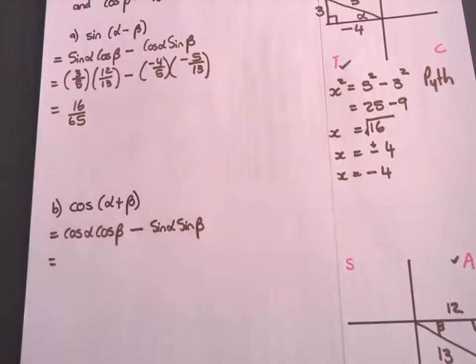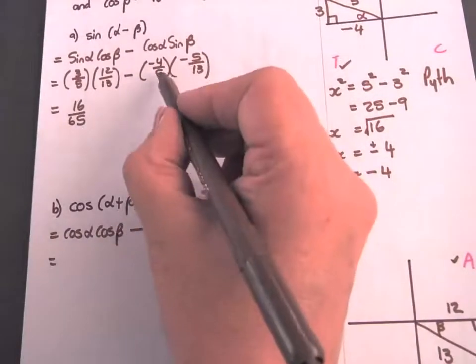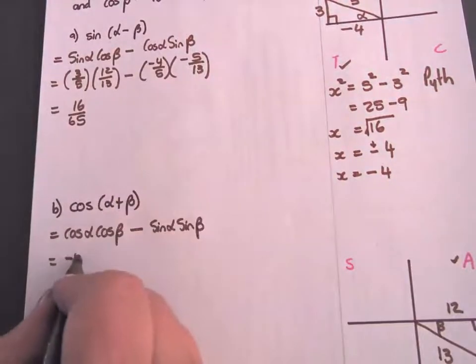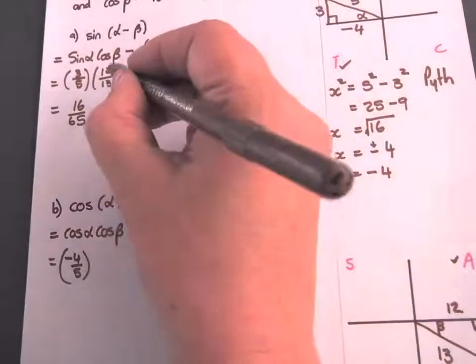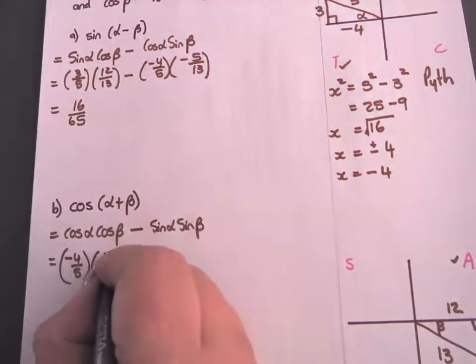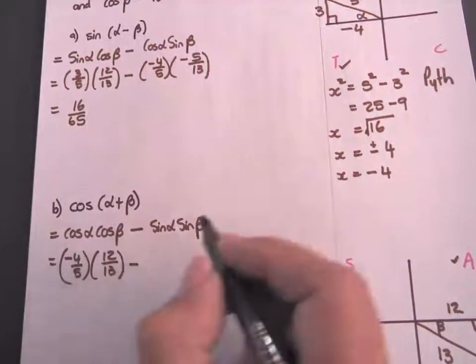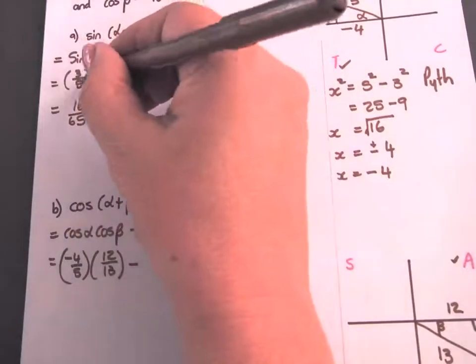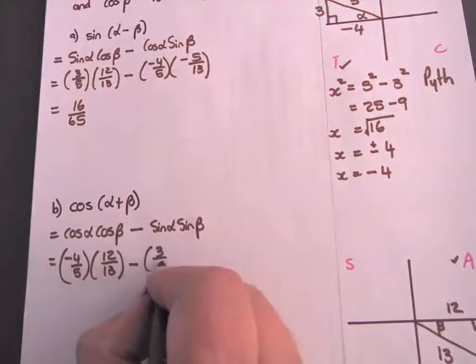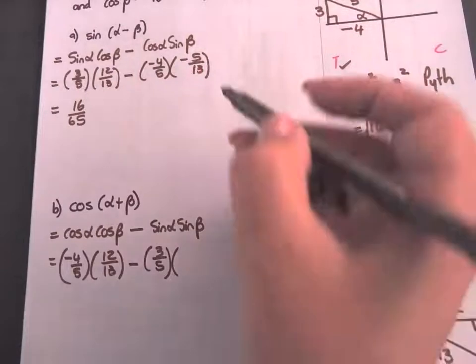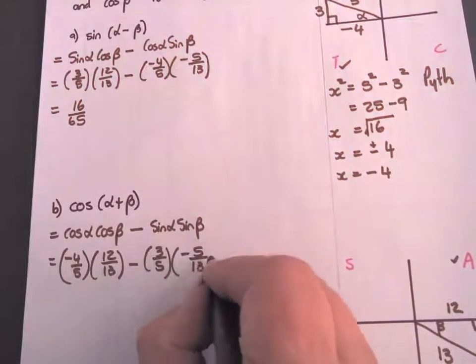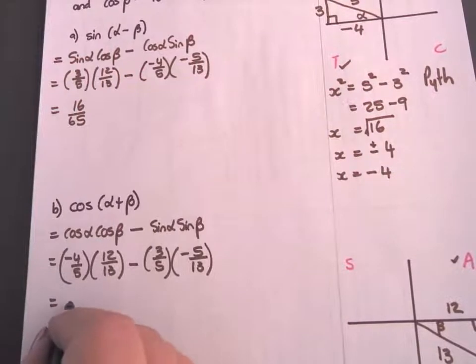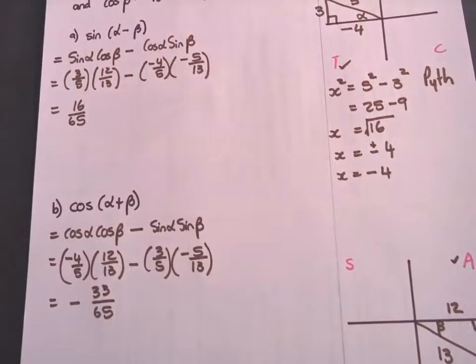Cos alpha is minus 4 over 5, cos beta 12 over 13 minus sine alpha 3 over 5 sine beta minus 5 over 13. Type this in and you get negative 33 over 65.